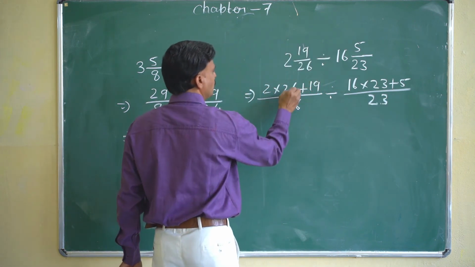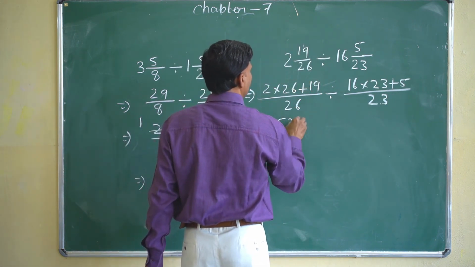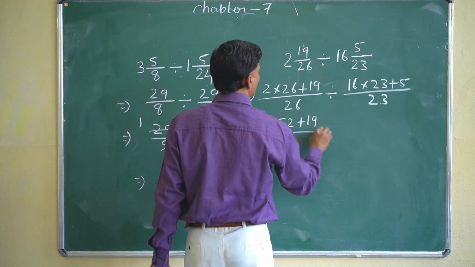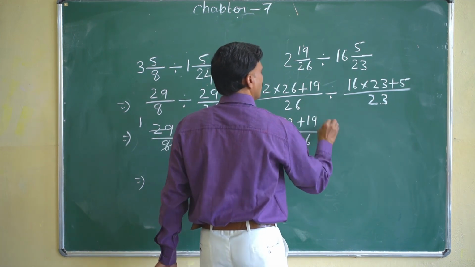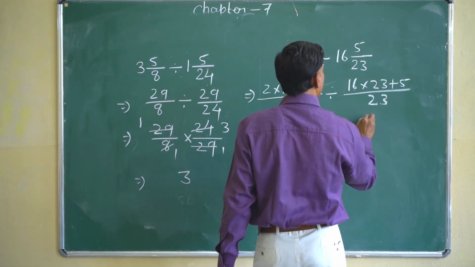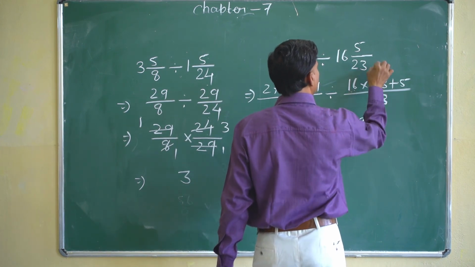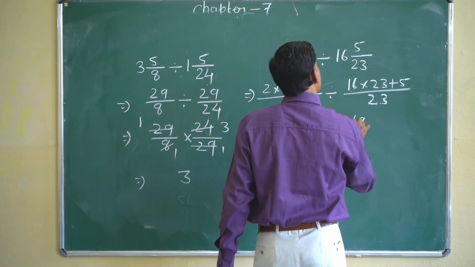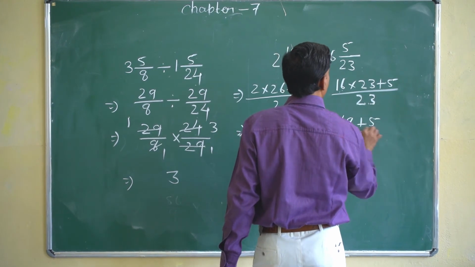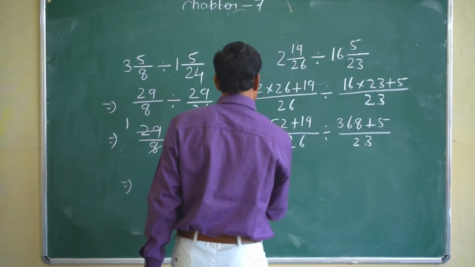So what will come, 26 twos are 52 plus 19 upon 26, and 16 into 23 is 368 plus 5 upon 23.